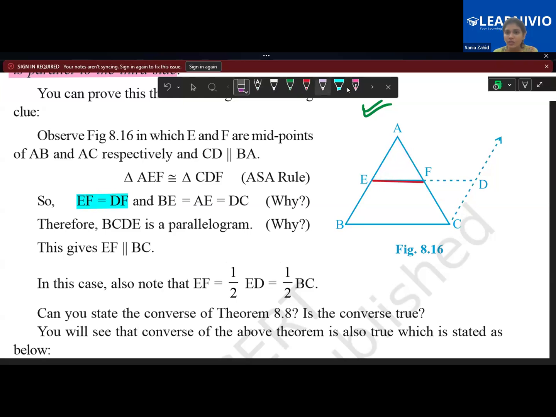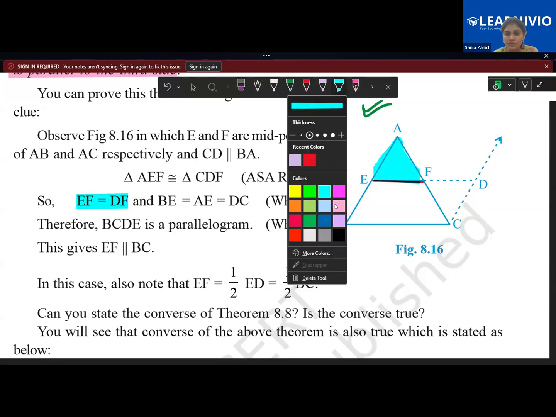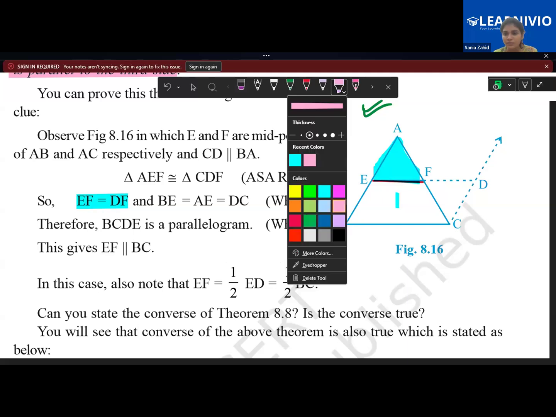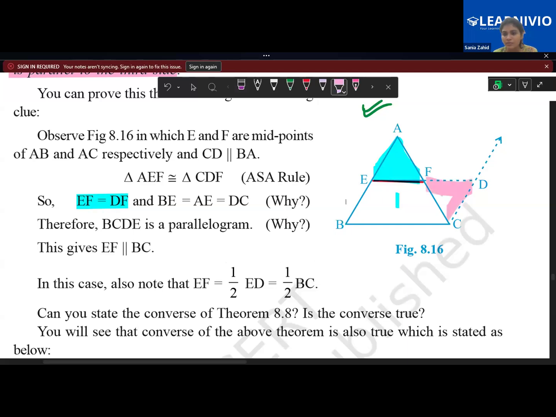See children, these two triangles are congruent. I'm just marking those two triangles. So the first point is EF is equal to DF. That means this line is equal to this line. These both lines are equal by CPCT.